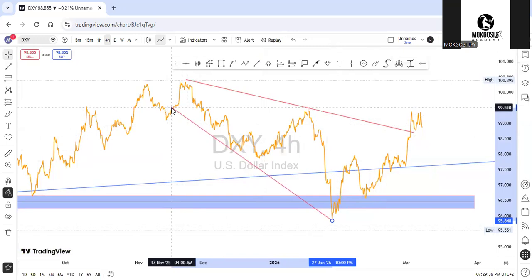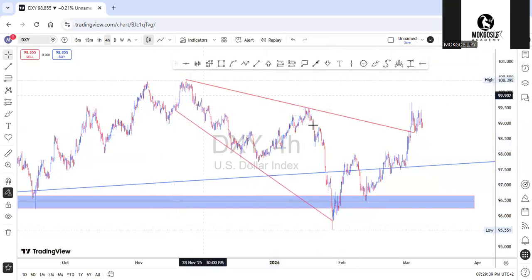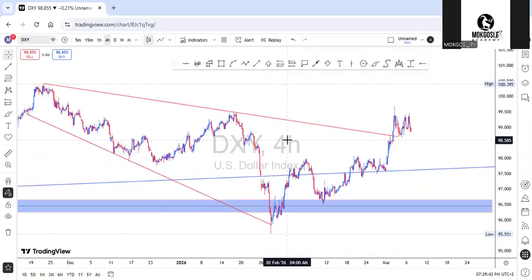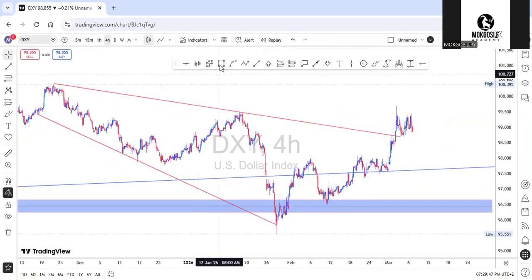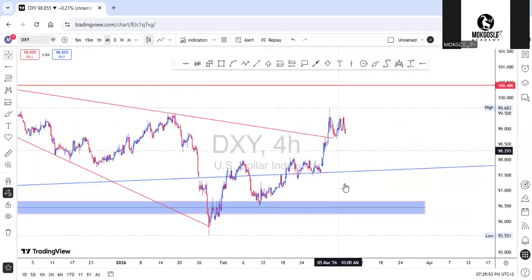Let's see. It's an expanding pattern. Before I move to another time frame, this is another target here. This is another target. And then I will say to you guys, this is a pattern.